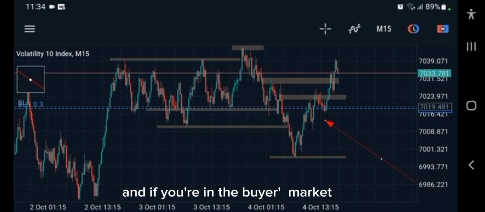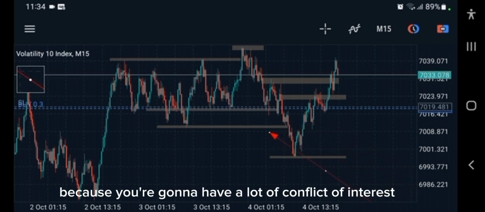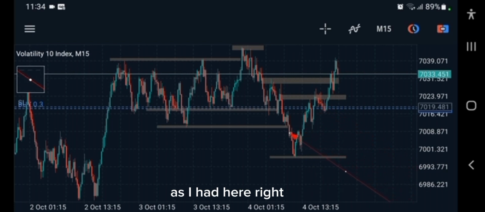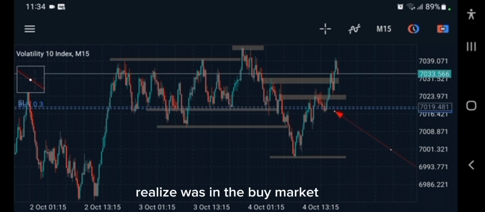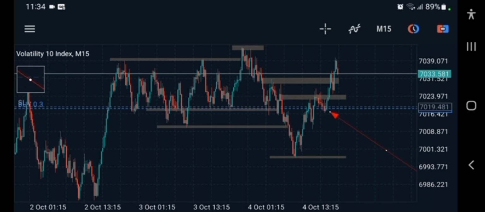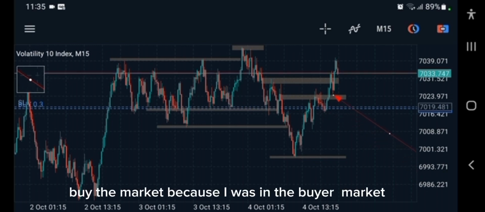And if you're in the buyer's market and you realize that your sell setup is showing up, it's best to take the other direction, because you're going to have a lot of conflict of interest as I had here. Right, so I did get myself set up, price pulled back, I took some profits, realized I was in the buy market. Then I came out and I started to buy the market because I was in the buyer's market.